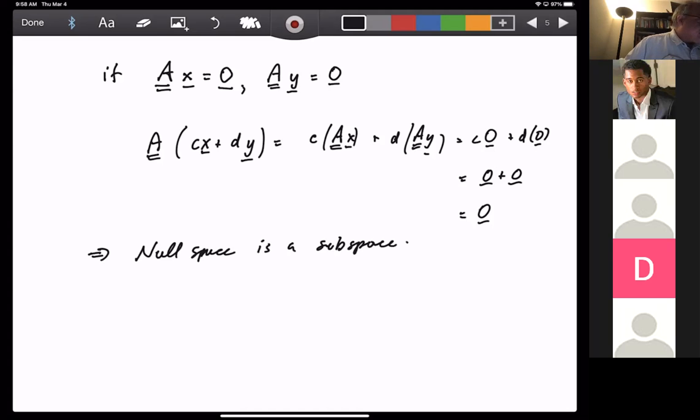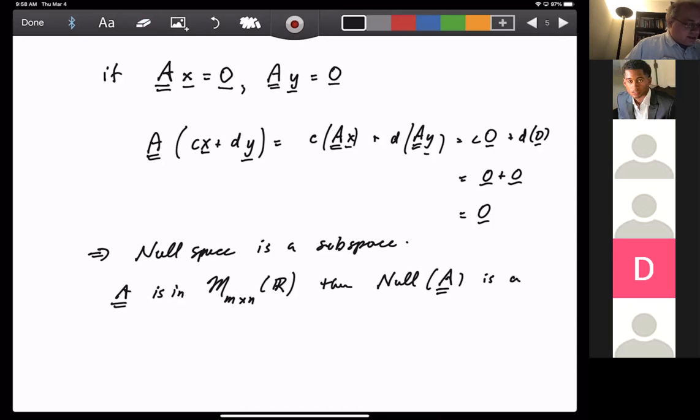To be more precise, let's say you have a matrix A, which is in the set of matrices with m rows and n columns, real entries. Then the null space of the matrix A is a subspace of what?